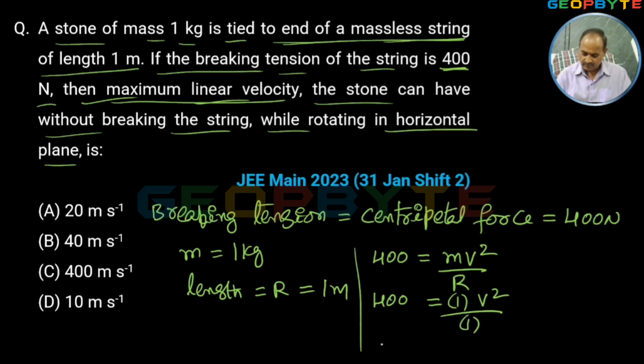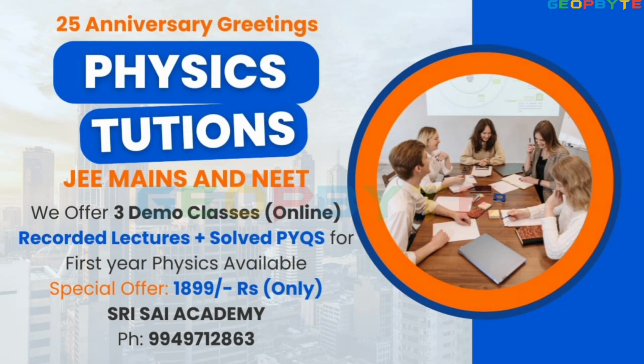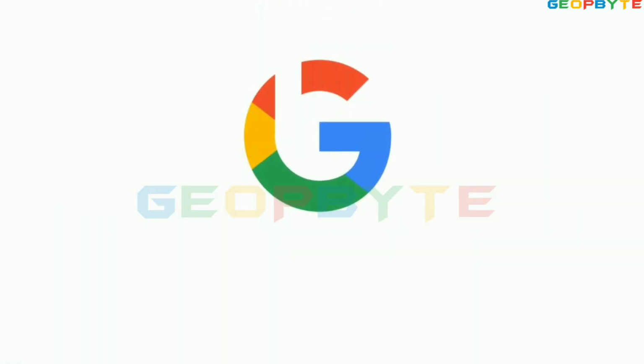That means v square equal to 400. Then v equal to 20 meter per second. That is the maximum velocity for withstanding the stone while it is rotating without breaking. Option A itself is absolutely correct. Understood clearly? Yes.